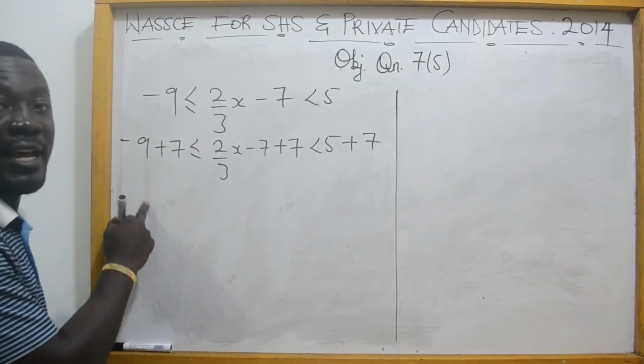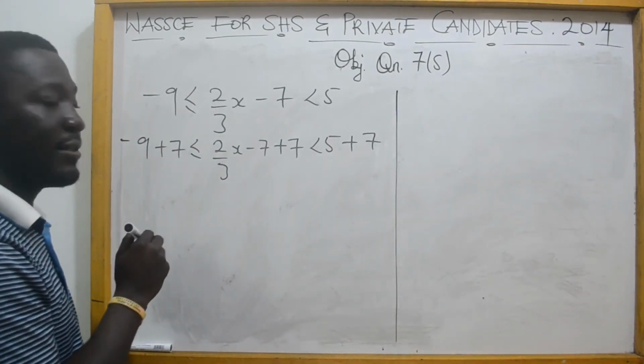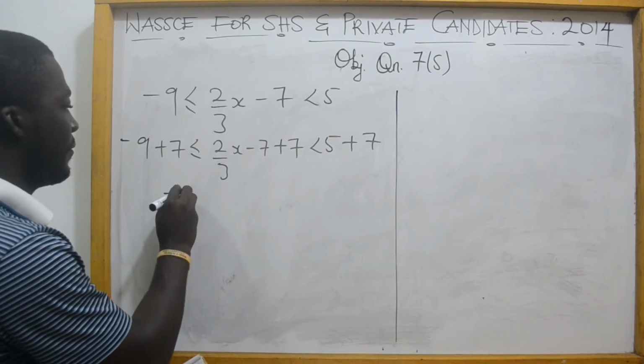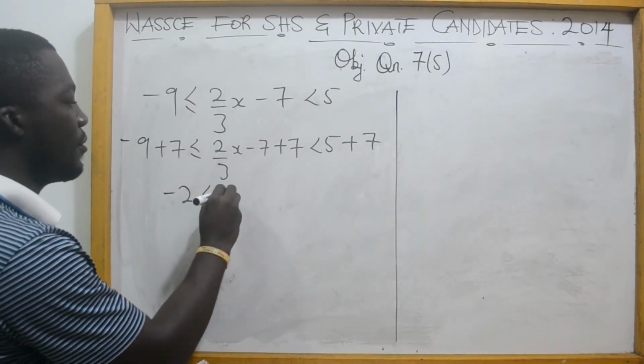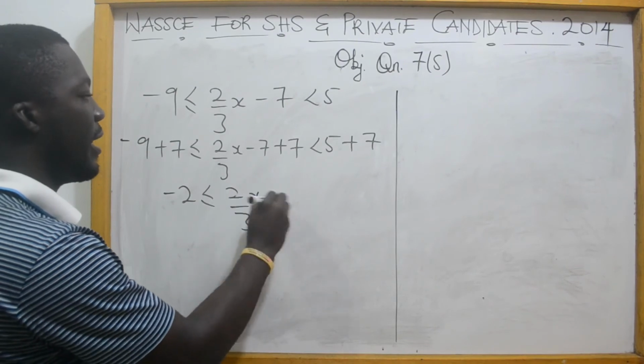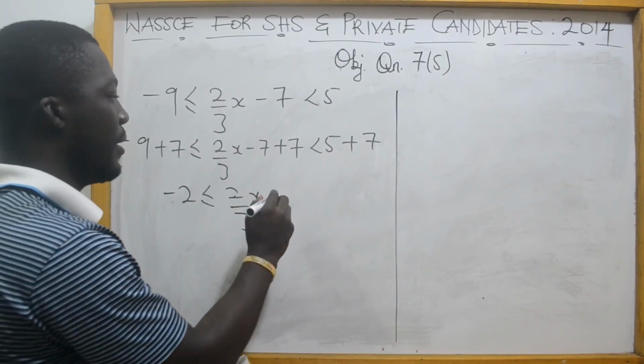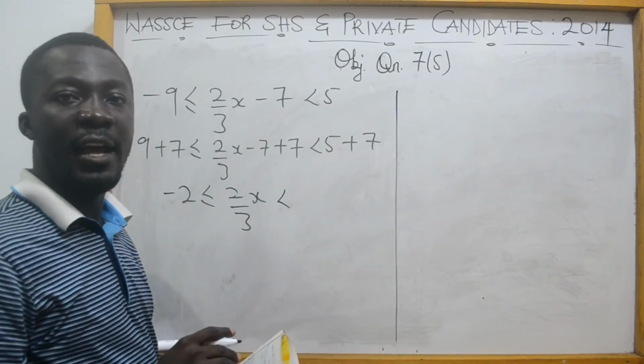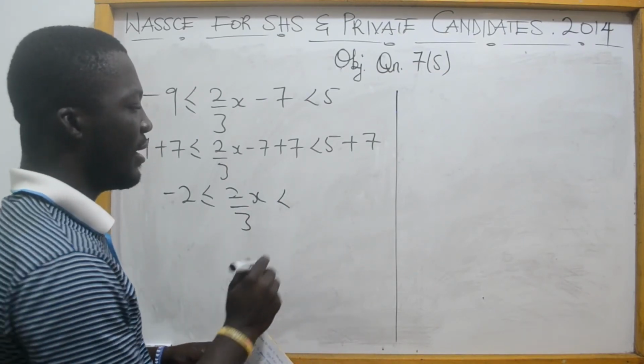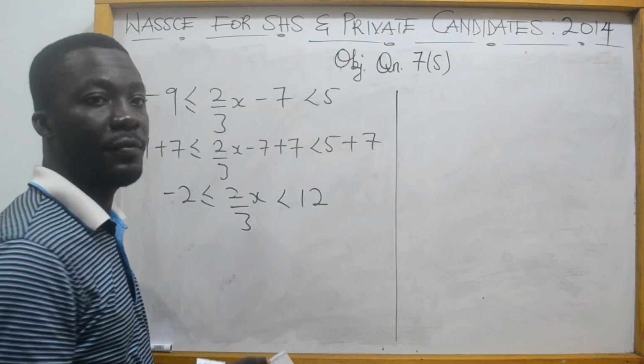So -9 + 7 is -2 ≤ (2/3)x. -7 + 7 will turn 0. It's less than 5 + 7 is 12.